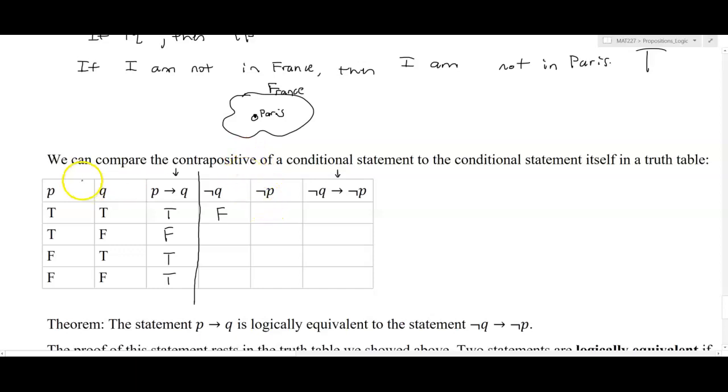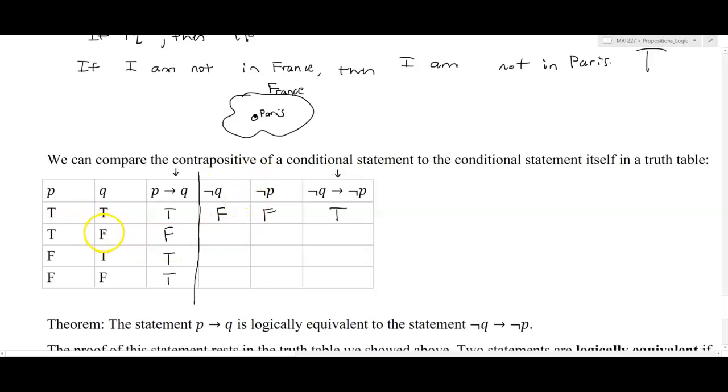Not P, so if P is true, then the negation of P is false. And okay, well, if I look at an implication, if this, then this, well, just like here, if both the conclusion and the premise are false, the if-then statement is still a valid if-then statement.